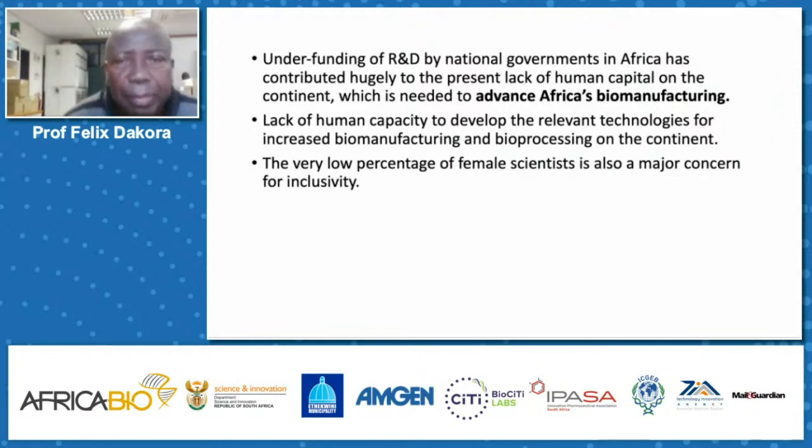Lack of human capacity is relevant for technology, especially if you're going to go into biomanufacturing and bioprocessing, which will be the outcome of food crops or other cash crops that have been produced. The other issue that is really important to mention is the very low percentage of female scientists within the universities and national research councils.